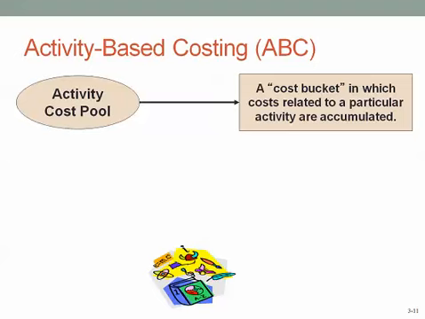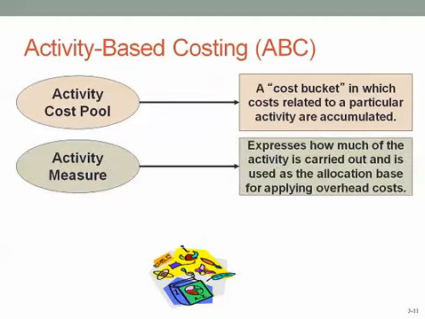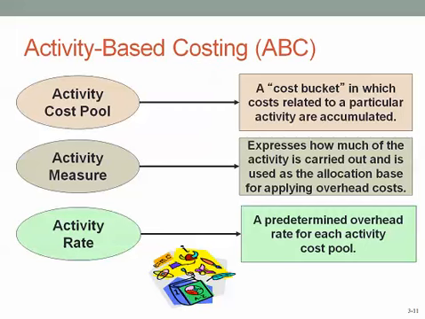Once we've sliced our overhead into various activity-related cost pools, we're going to identify what allocation base we want to use to apply that particular overhead. And we will then simply calculate a predetermined overhead rate, which in activity-based costing we call an activity rate.